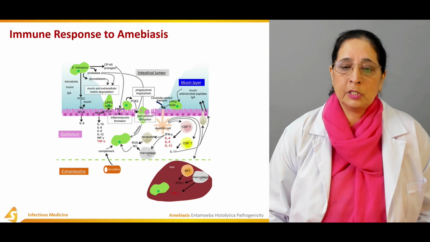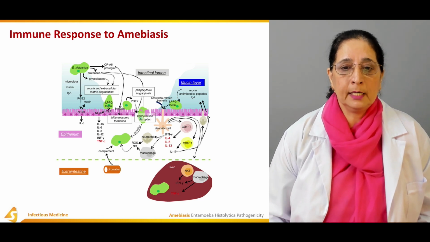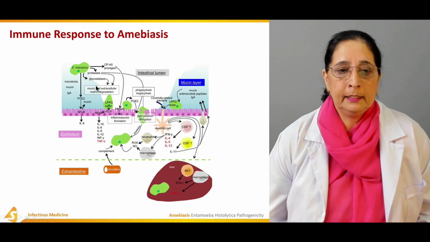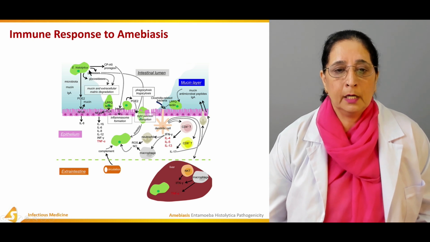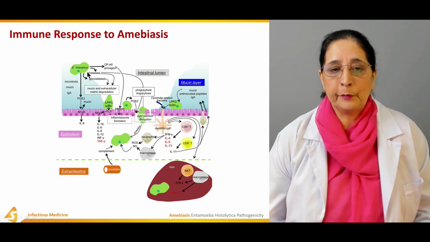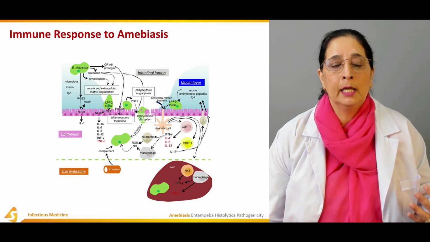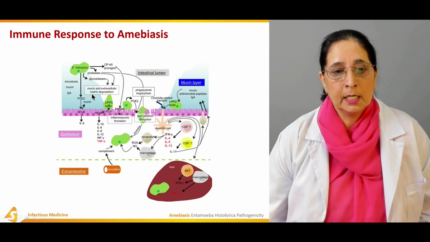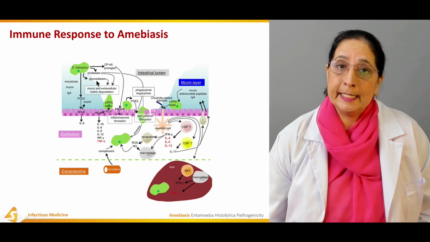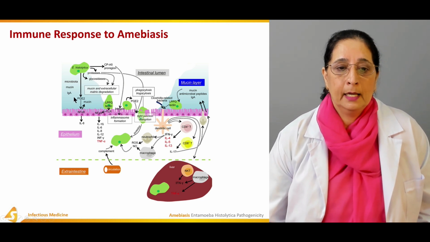Immune response to amebiasis. We can see again there is Entamoeba histolytica releasing proteases. We already went in detail over the proteases. Glycosidases are released.